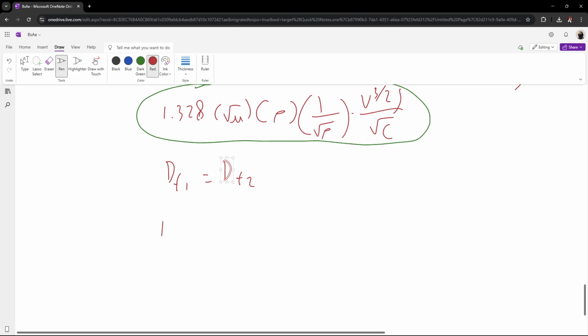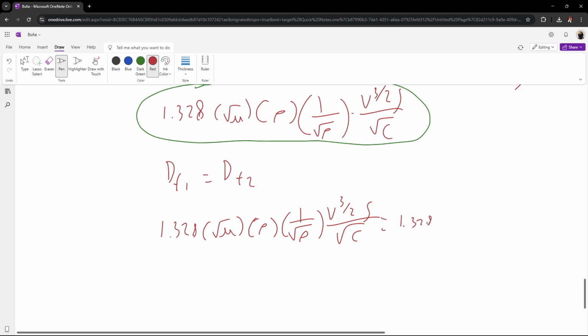Knowing this, we have 1.328 nu rho times 1 over rho V to the 3 over 2 S rho is equals to 1.328 nu rho times 1 over rho V to the 3 over 2 C. Now through algebra, this gets cancelled, this gets cancelled.